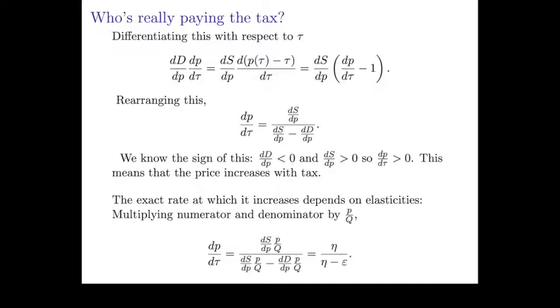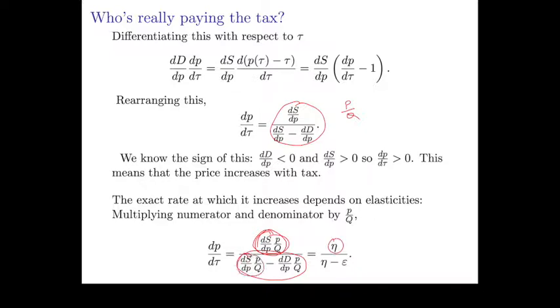But what we really want to know is how much more the consumer is going to pay. What we're going to do is multiply and divide this expression by P over Q. So we multiply the numerator by P over Q and the denominator by P over Q. Well, this expression here, this ds dp times P over Q, that's just eta, our supply elasticity.